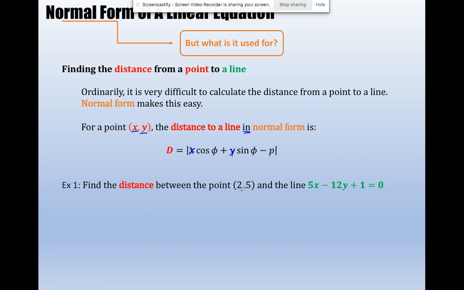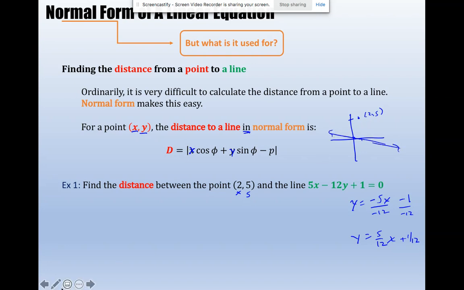So if I want to find the distance between (2, 5) and this line, what is this line? If you want to see what this line is, y is equal to negative 5x minus 1, all divided by negative 12, right? Something like that. What is the distance?